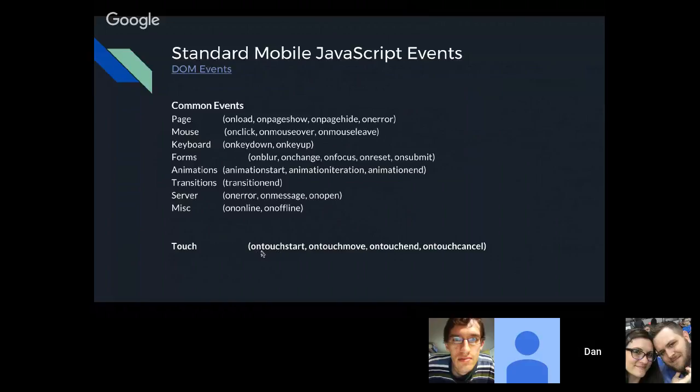And so we can detect the start of a touch event, the movement of a touch once it has started, the ability to detect the end of a touch, which is while it's still in the same object, or if it hasn't terminated, we lift up, or an on-touch cancel, which has to do with leaving the space where the object is, or otherwise canceling the touch by some external event like moving the page or navigating away from where you're currently at. So those are all the standard JavaScript events that I've seen used frequently.